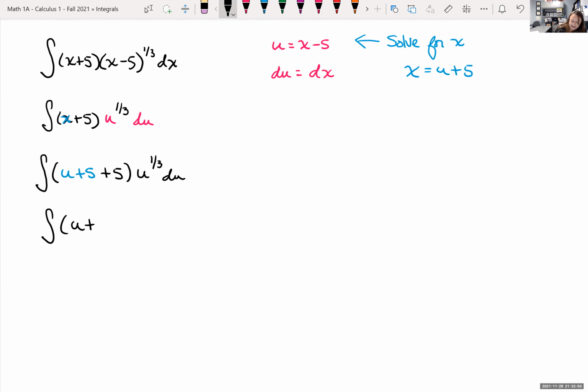So u plus 10 all times u to the 1/3 power du. So if we distribute that u to the 1/3 power, it will be in the form that we know how to integrate. So u to the 1/3 times u, add our exponents, that's u to the 4/3 plus 10u to the 1/3 du.